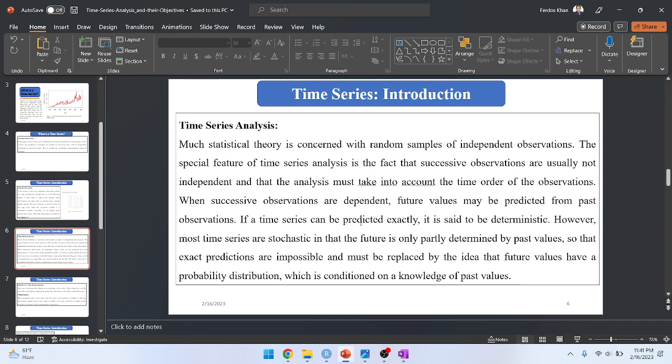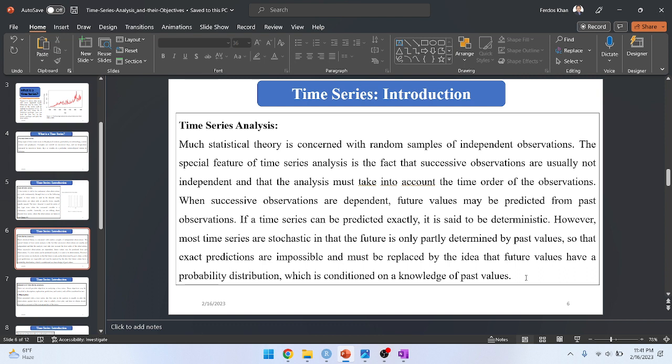If the time series can be predicted exactly, it is said to be deterministic. However, most time series are stochastic, in that the future is only partially determined by past values. So exact predictions are impossible and must be replaced by the idea that future values have a probability distribution which is conditioned on the knowledge of past values. Deterministic series are very rare cases.